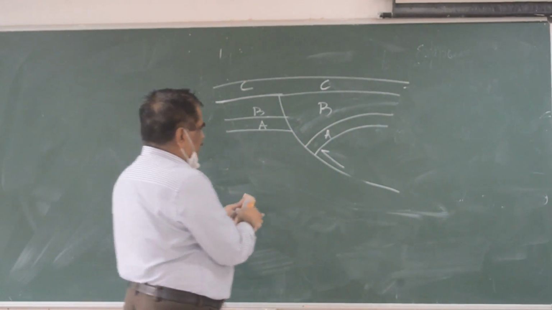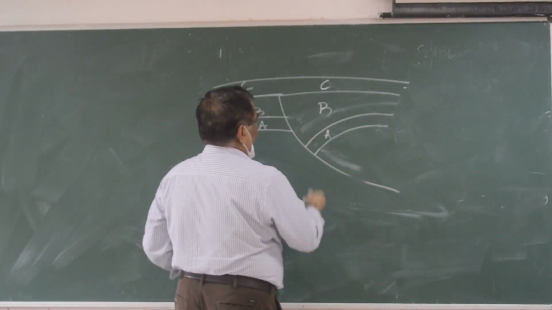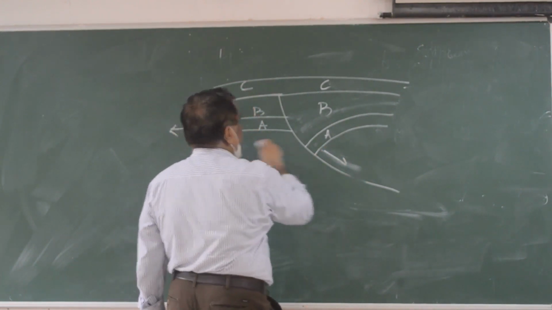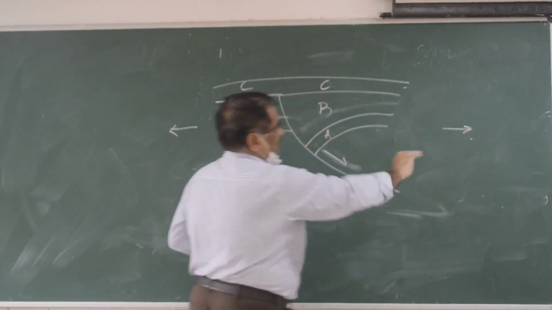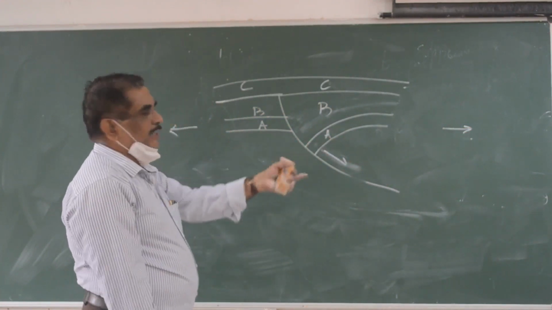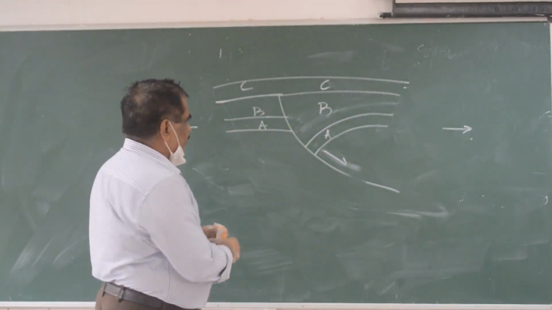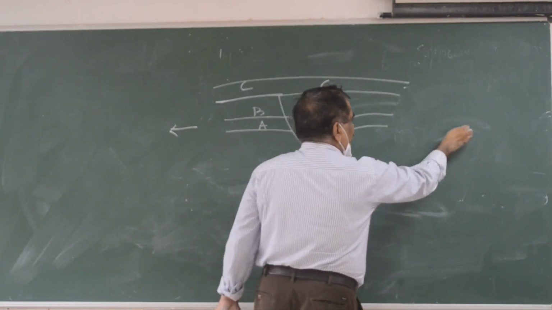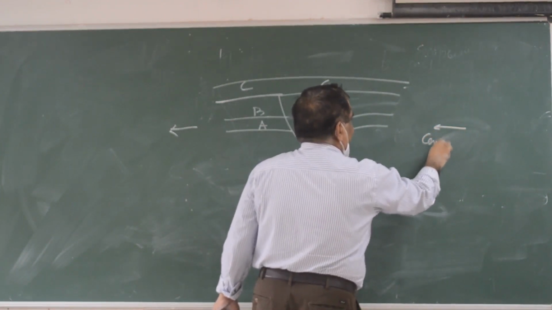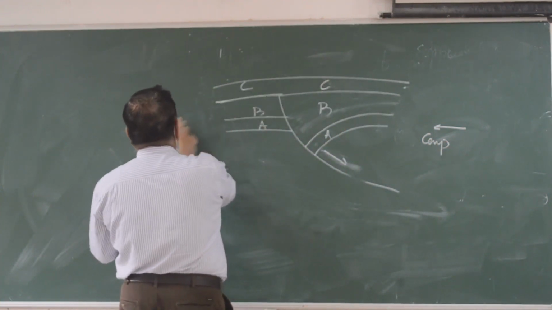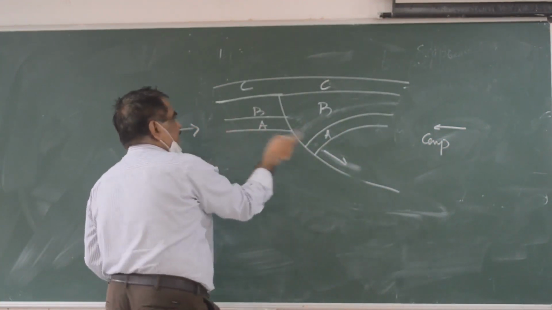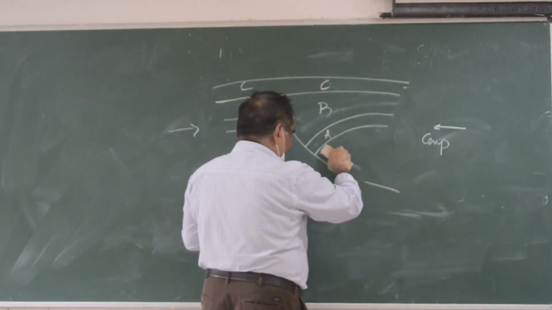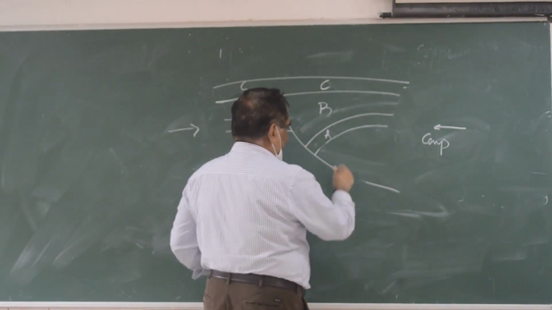So earlier what was happening? This was working as a normal fault, so there was extension like this. So normal faulting was happening. Now somehow this extension will convert to a compression. How this conversion will take place, I will tell you. First we listen. So this compression will happen, and along this fault, the movement will now be reverse.